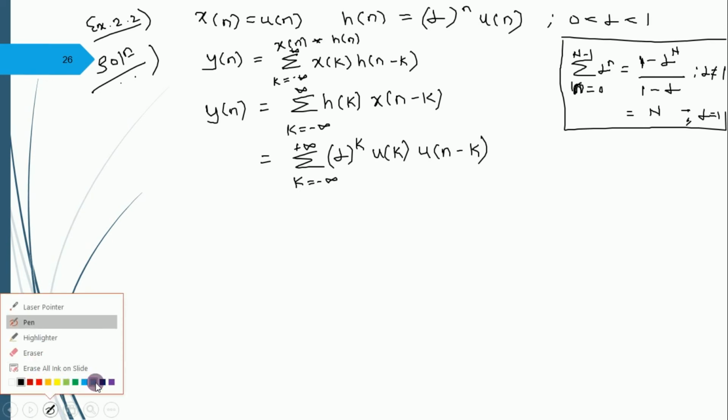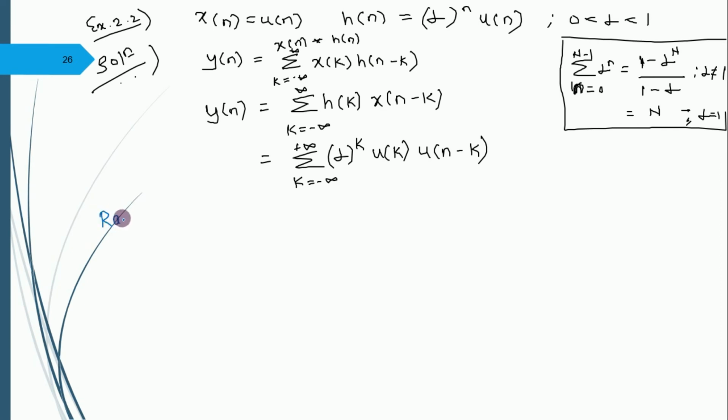Range of n. If you follow the steps perfectly, it will be very easy. When n is less than 0, consider x of n. What happens? Your y of n will be 0 itself, because both ways it is u of n. When n is less than 0, y of n results in 0 itself, because it's a multiplication of x of k into h of n minus k, which is 0 for n less than 0.